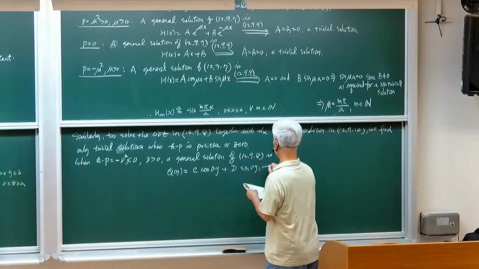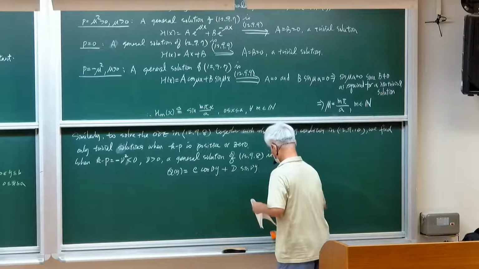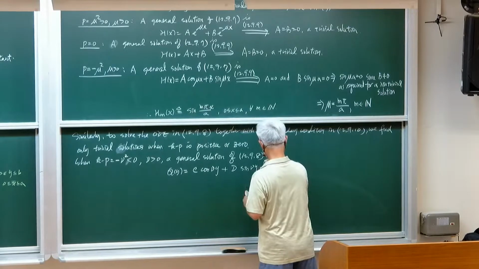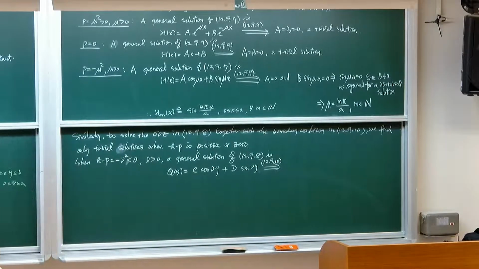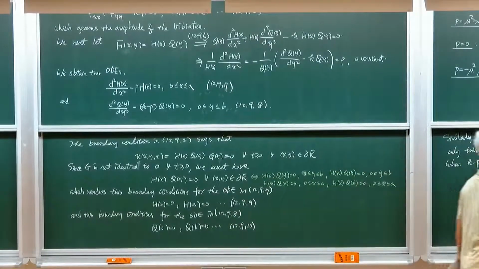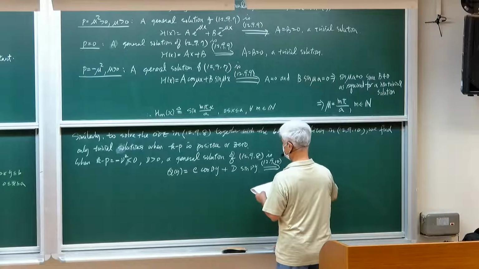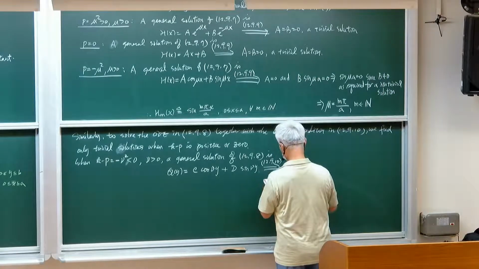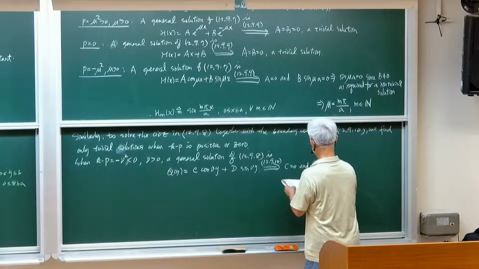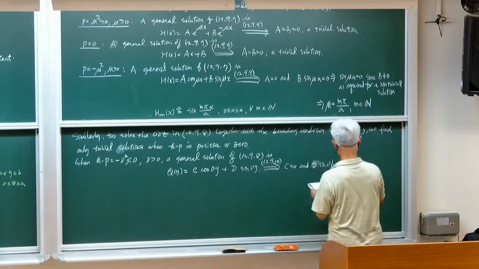Okay. And now with boundary conditions, we find two boundary conditions for the Q function there. So we find that C equals 0, and D sine nu b equals 0.